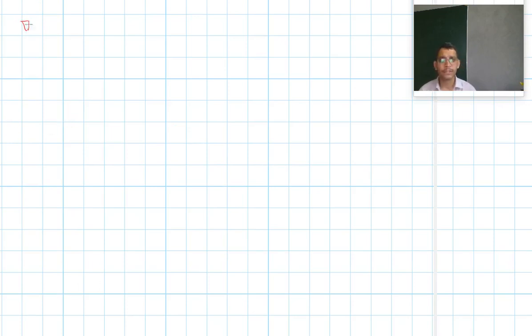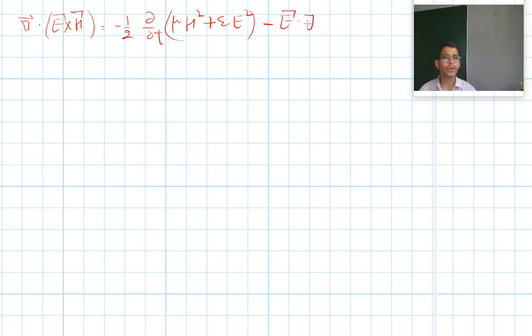I can write del dot E cross H, and E cross H is equal to minus 1 by 2 curly over curly t of mu H square plus epsilon E square, minus E dot J, and let us take the volume integral on both sides.